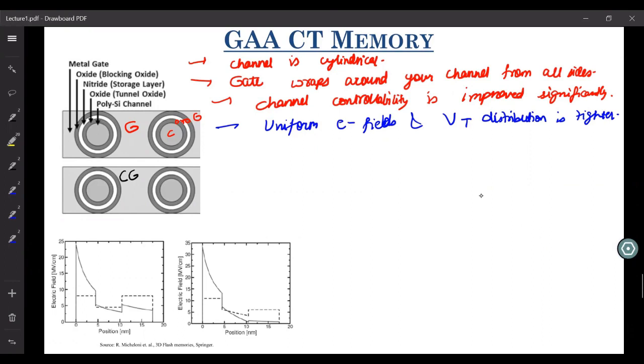If you are applying a voltage on a control gate, electric field lines will emanate perpendicular to the surface at every point, and they'll go like this. They'll start from the control gate, and then they'll go towards the channel.